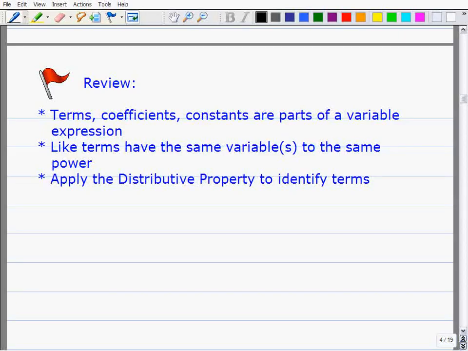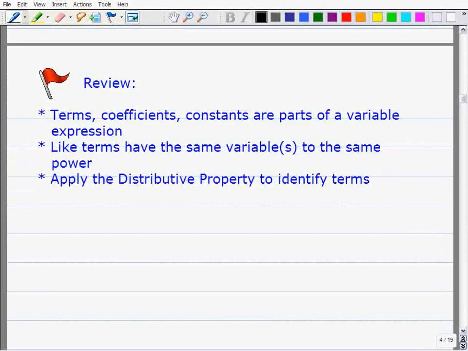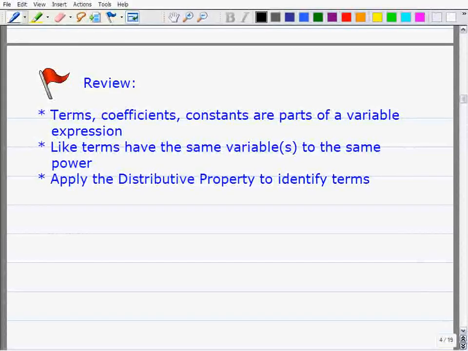They have to be exactly the same. The coefficients aren't part of determining like terms. And sometimes we need to apply the distributive property to be able to identify terms in an algebraic expression. So if you're confused, go to the example sets, work your way through it, watch the video again, but I'm confident that you'll master this. Okay, good luck.